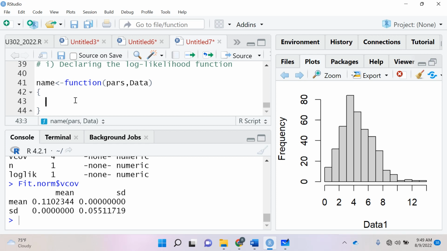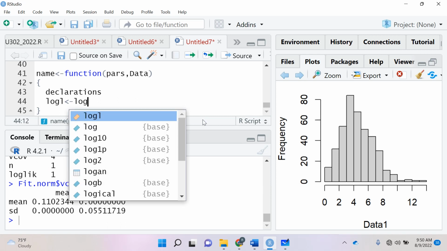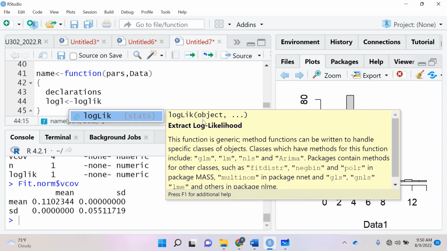Once we have this, first of all, we do some declarations. The declarations will be like, maybe we find the sample size, because we need the sample size in the log likelihood, and so forth. And then we find our log likelihood. So this will be the log likelihood function.